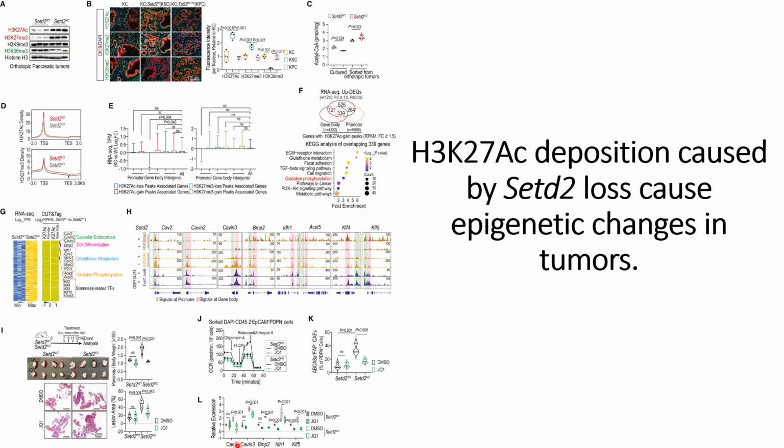And they also checked the relative expression of the different genes that indicate the markers for proliferation and migration of the cells, and these are also decreased when they use JQ1. That is, CAPE2 is decreased, CAVIN3 is decreased, BMP2 is decreased, LDH1 is decreased, KLF5 is decreased.